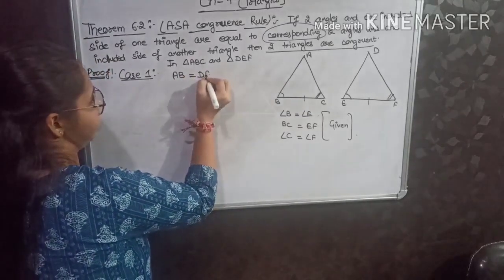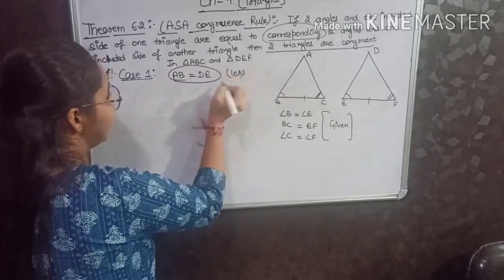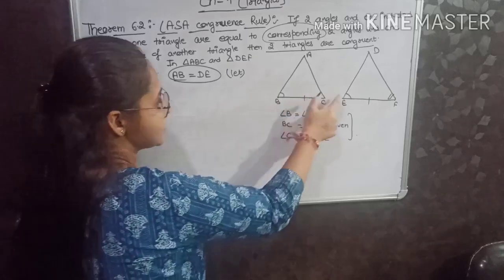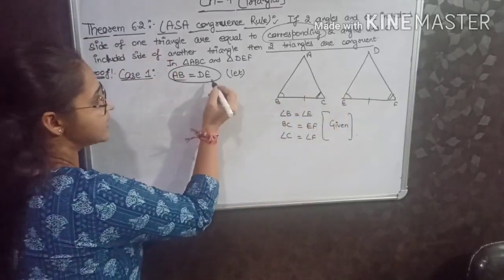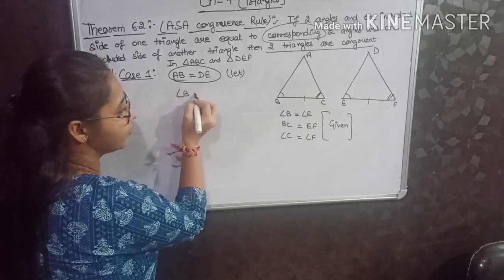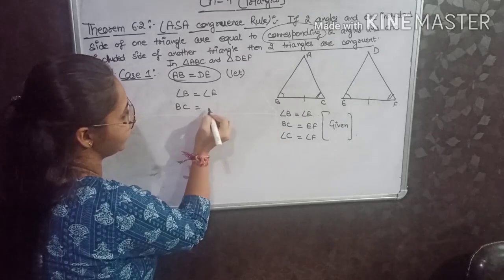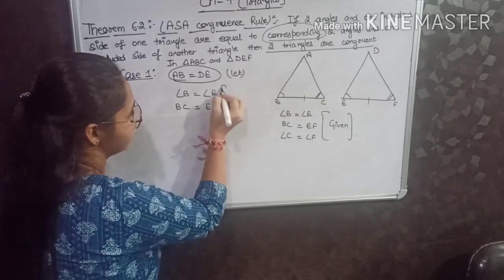Now see, AB is equal to DE, this is assumed. Angle B is equal to angle E, it is given, and BC is equal to EF, it is already given.